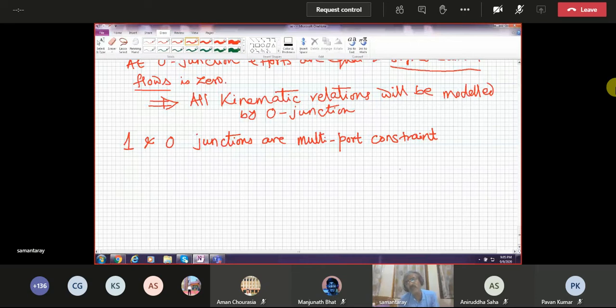Now we will introduce two-port constants, which are equally transducers. Basically they are transducers.